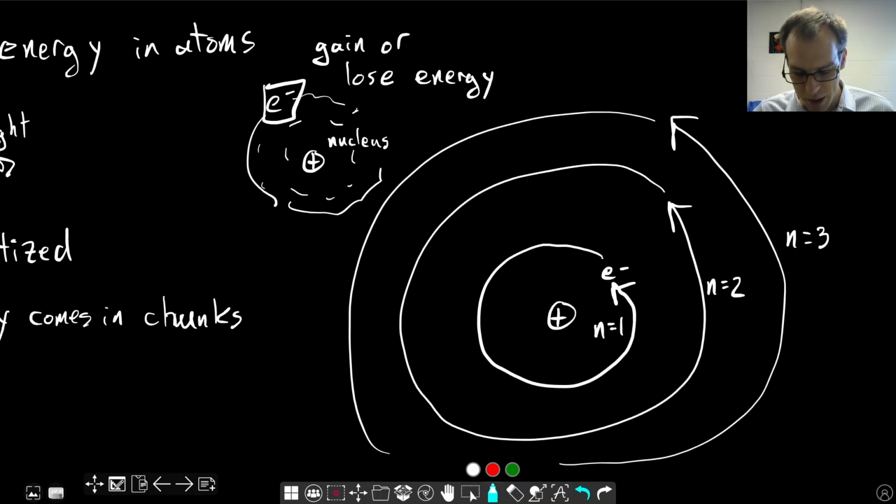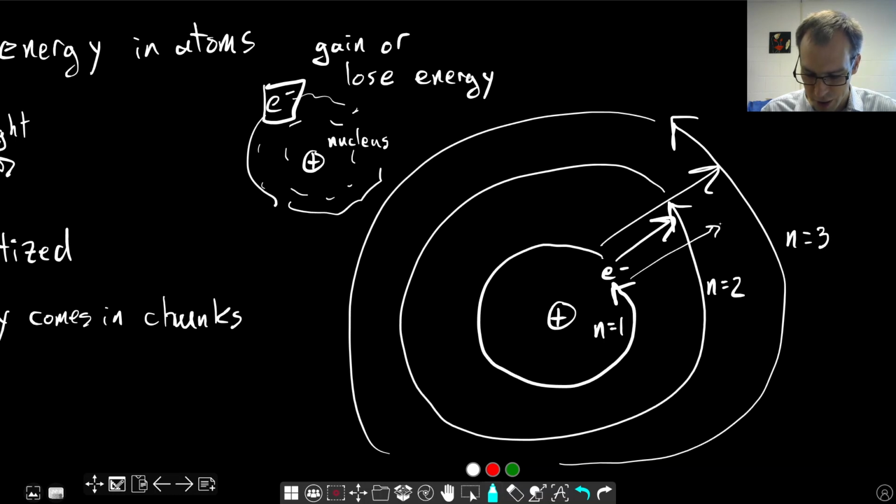And we're still going to use the same integer to mean this. And so, again, the electron's not actually doing this. We can't actually say it's orbiting at a specific distance. It's really about probability, and we'll get to that soon. But what's happening is when the electron changes energy, it can only change to specific values. So it can go up to 2, or it can go up to 3, but it can't go partially in between. This was Bohr's idea.